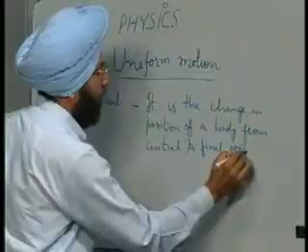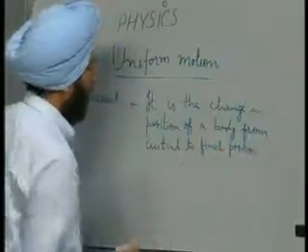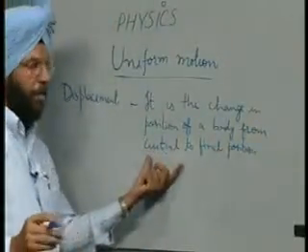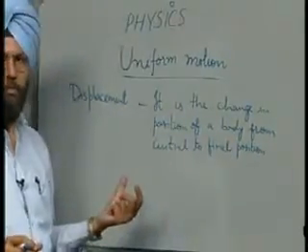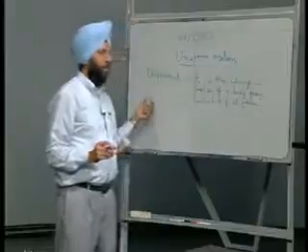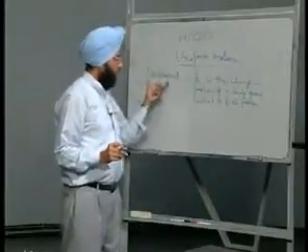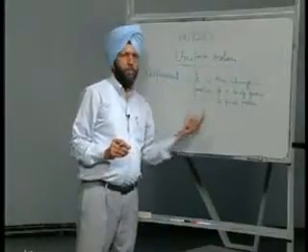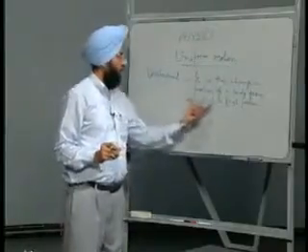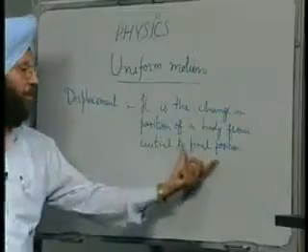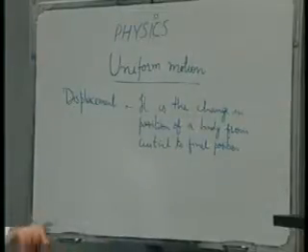Here we refer to initial position and final position. In displacement, we refer to initial and final positions. In distance travelled, we did not mention anything about initial position or the final position.